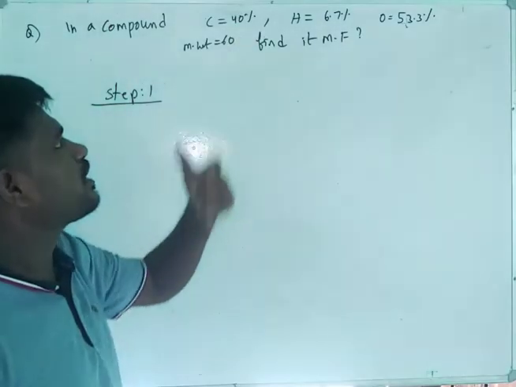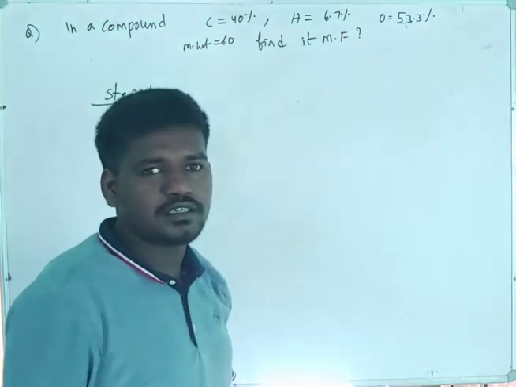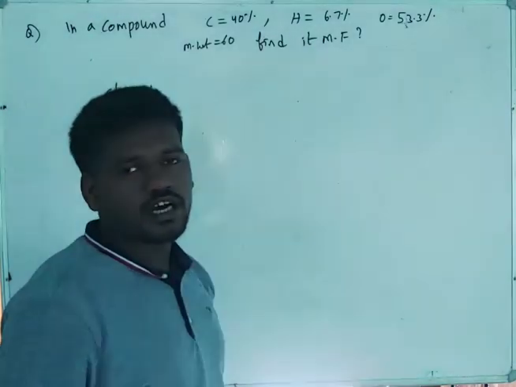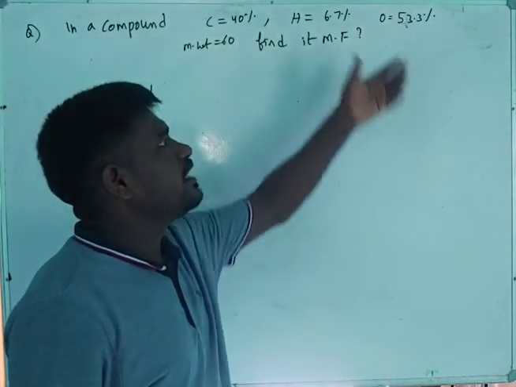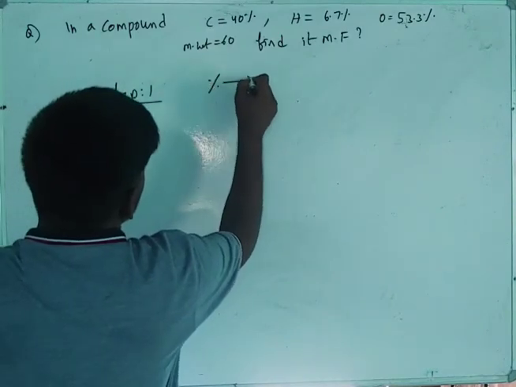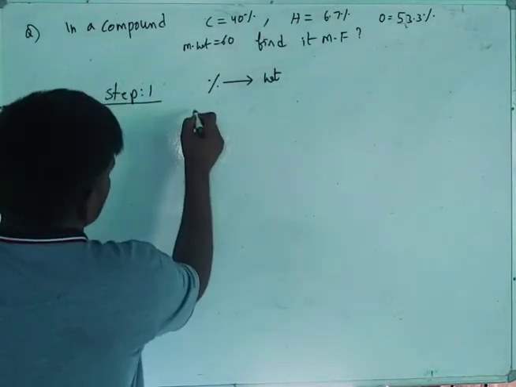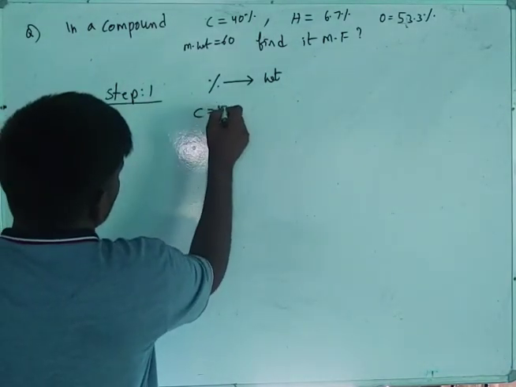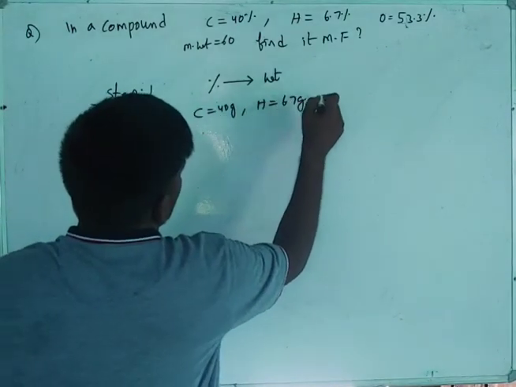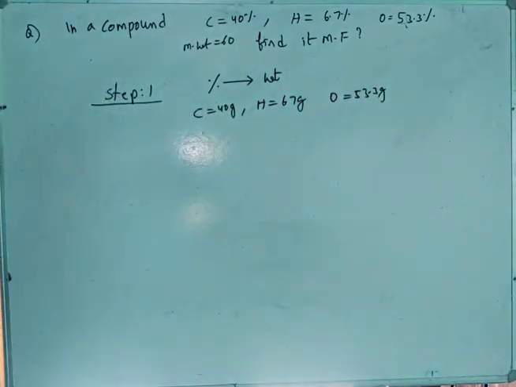That will be 40 grams. And hydrogen is present 6.7% out of 100%. Then in 100 grams of the compound, hydrogen present how much mass? 6.7 grams. And similarly oxygen also. So first we need to convert the percentages into weight. So carbon weight will be 40 grams, hydrogen weight 6.7 grams and oxygen weight 53.3 grams. This is step 1.